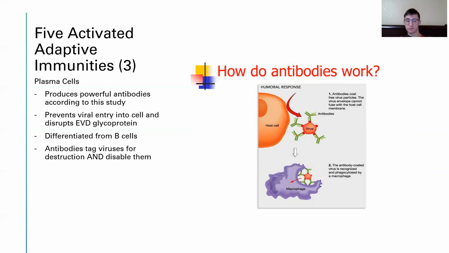The team also determined that one of the BNAbs, EBOV520, recognizes and binds to a portion of the virus glycoprotein in such a way that it even prevents it from interacting with the cell surface protein called NPC1 and initiating the infection cycle.